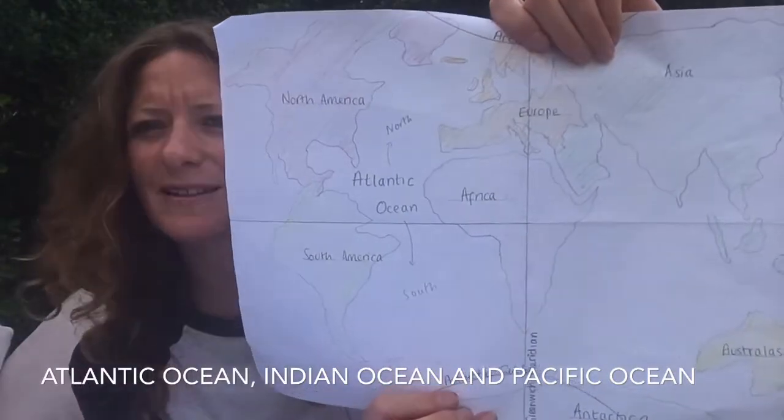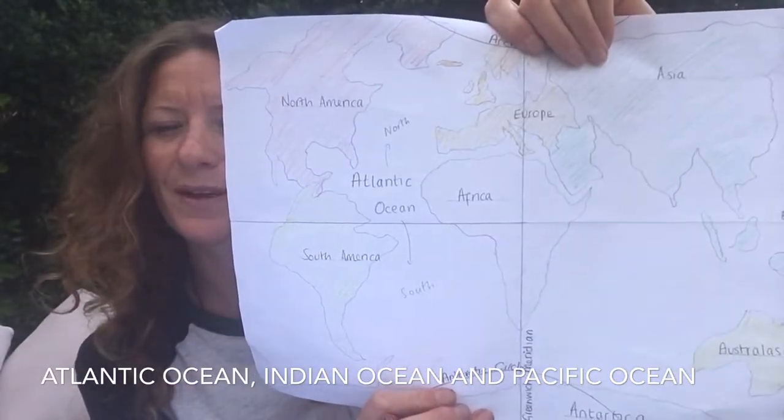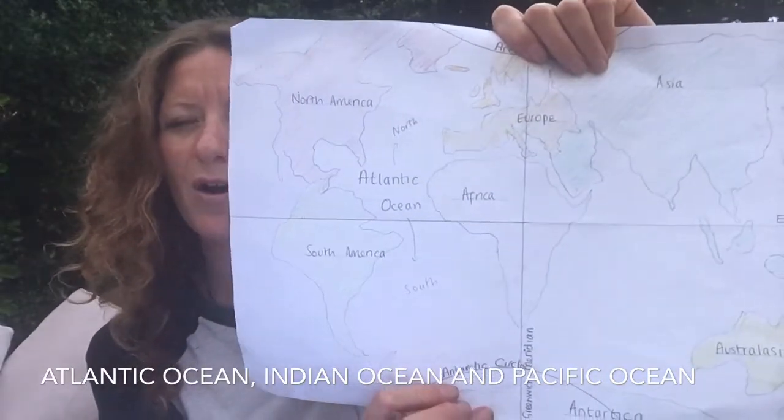Now, sometimes people refer to the top part, the bit between North America and Europe, as the North Atlantic Ocean, and they refer to the part between South America and Africa as the South Atlantic Ocean. So we can add those labels to our map. Okay, the second ocean that we're interested in, and actually the one we're going to be looking at today, is the Indian Ocean.